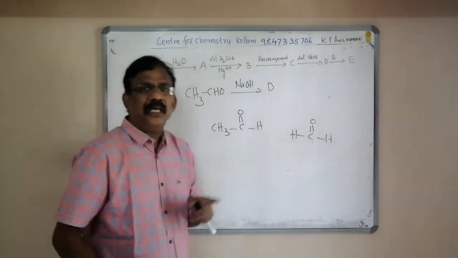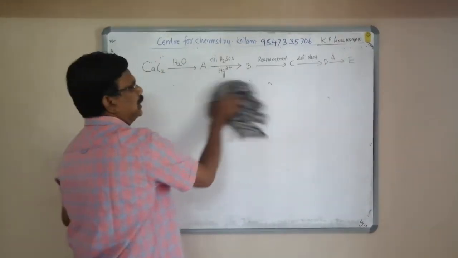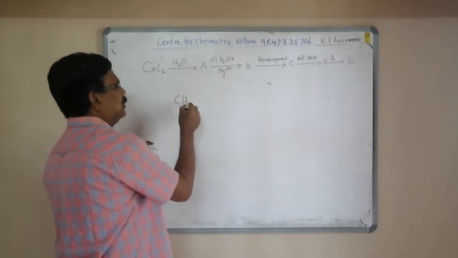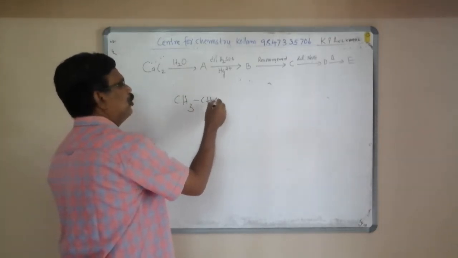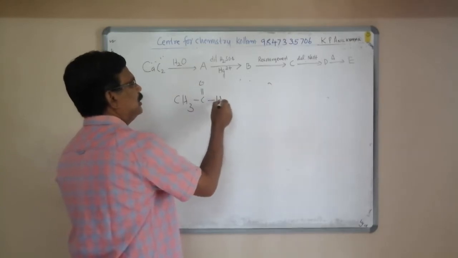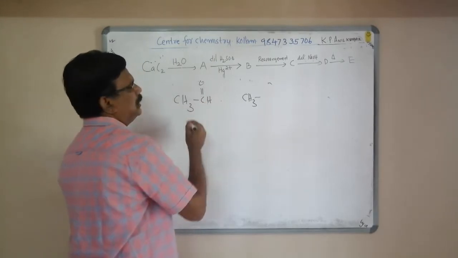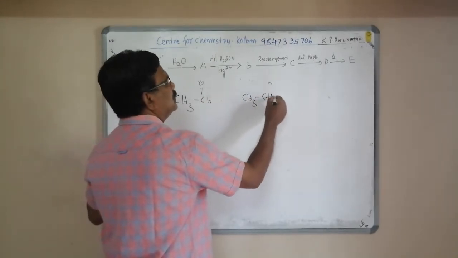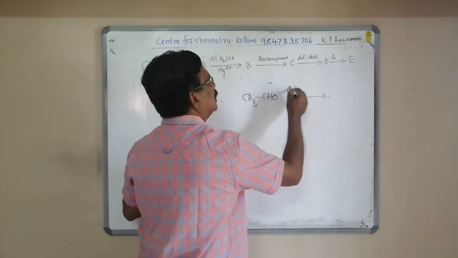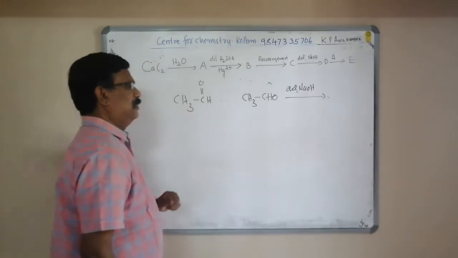Here 3 alpha hydrogen atoms are present. So condensation between 2 molecules of acetaldehyde, CH3CHO and CH3CHO, in presence of dilute NaOH or barium hydroxide, etc.